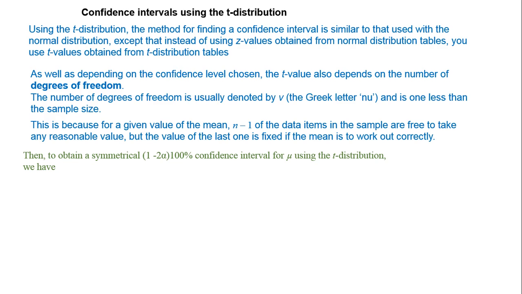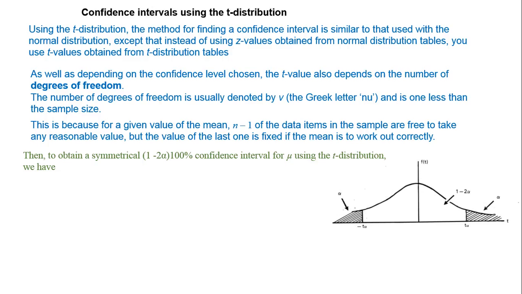Then, to obtain a symmetrical 1 minus 2 alpha times 100% confidence interval for mu, using the t distribution we have the following. So there's the t distribution graph, and I need a 1 minus 2 alpha times 100% probability within the two boundaries, giving us alpha on each end.